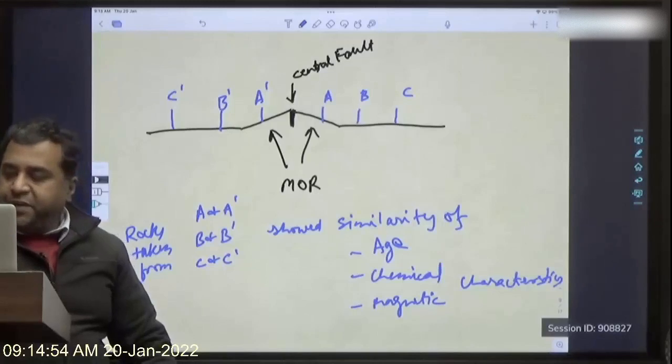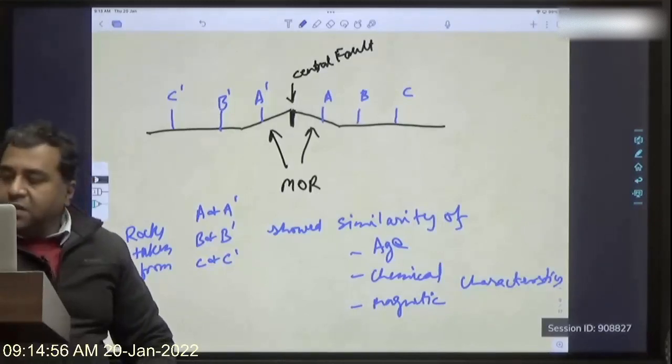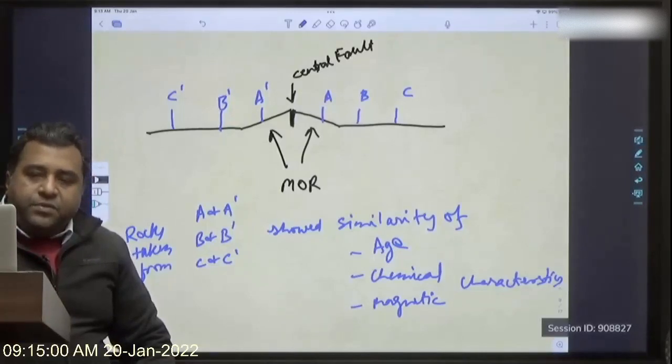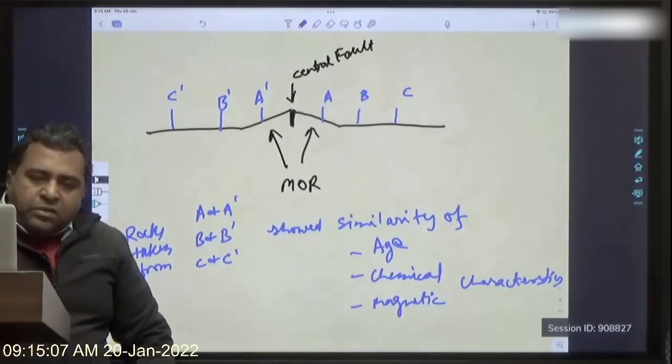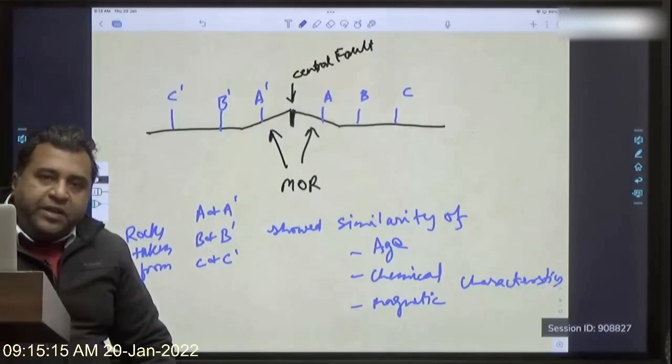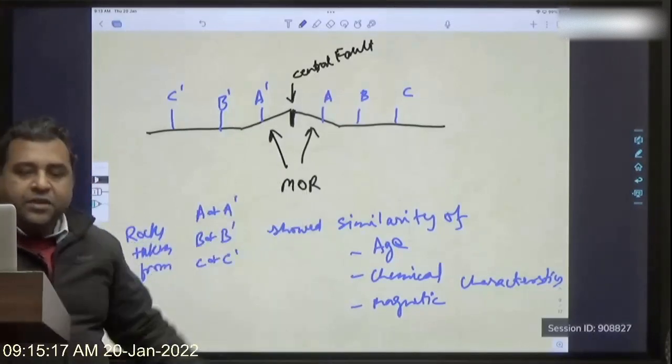Then next point, third point. The age of the rocks was found to be youngest near the central fault.